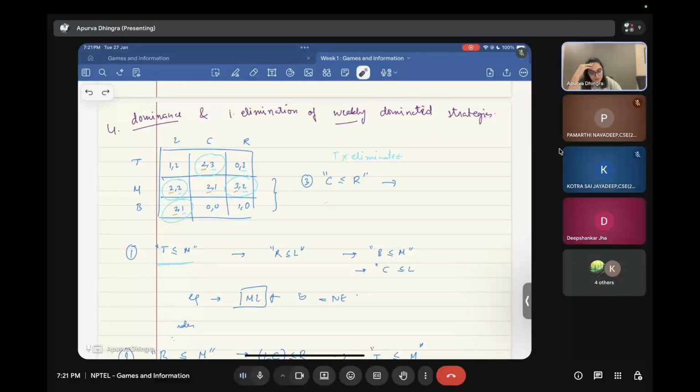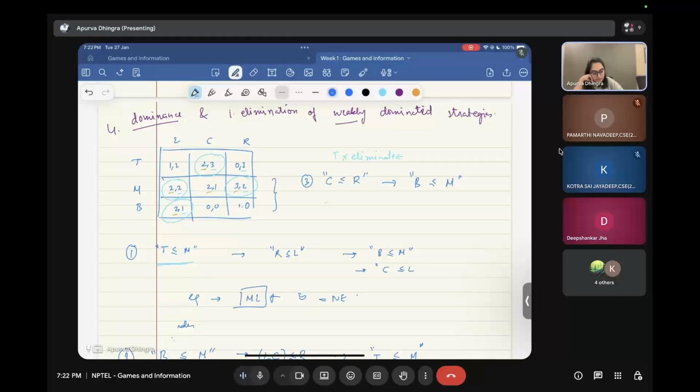Let's say we compare B with M, it's fine. These are both 2, so each is fine, but between these two, B is worse off. So between B and M, B is a dominated strategy as compared to M. So we can remove this also.